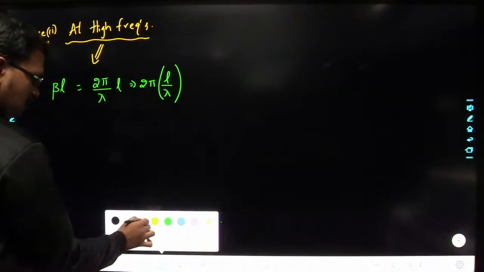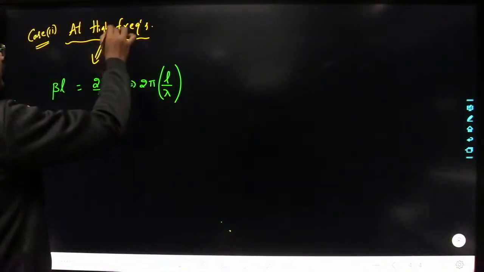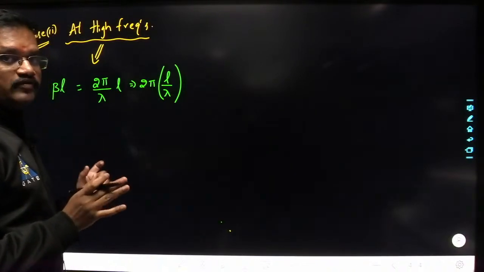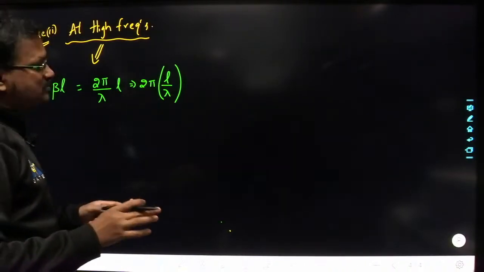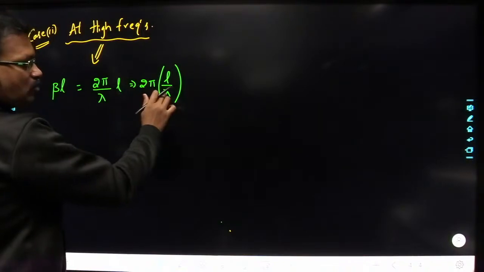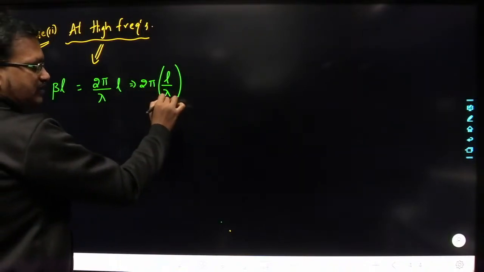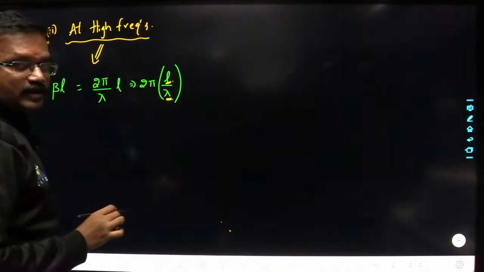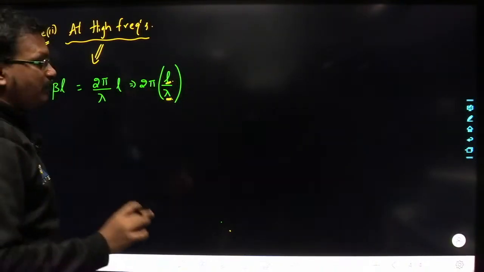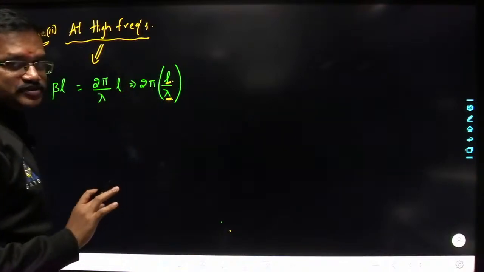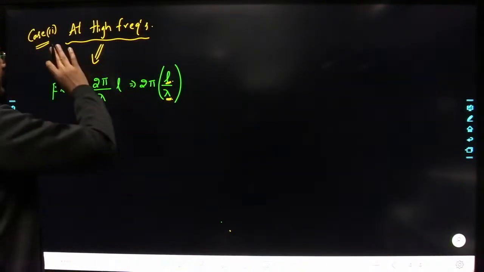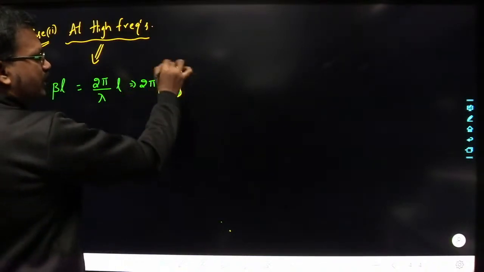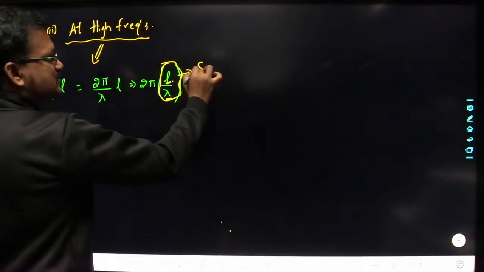Now see here, this lambda at high frequencies, the wavelength is going to be very small. This wavelength will become comparable to the length of the transmission line. So at high frequencies such that the L by lambda ratio is significant.